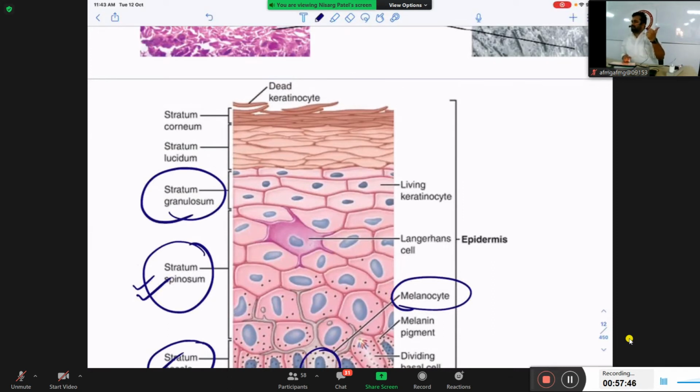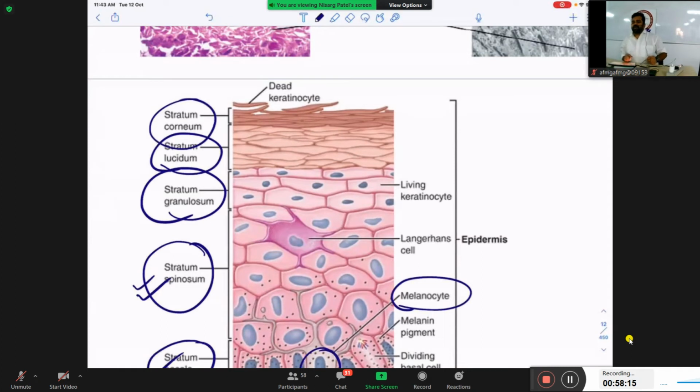Odland body or the lamellar body. Hypergranulosis is a feature of lichen planus. Remember hypergranulosis. This layer is absent in which two diseases? Psoriasis and ichthyosis vulgaris. Stratum lucidum, transparent layer, only present on the palm and sole.